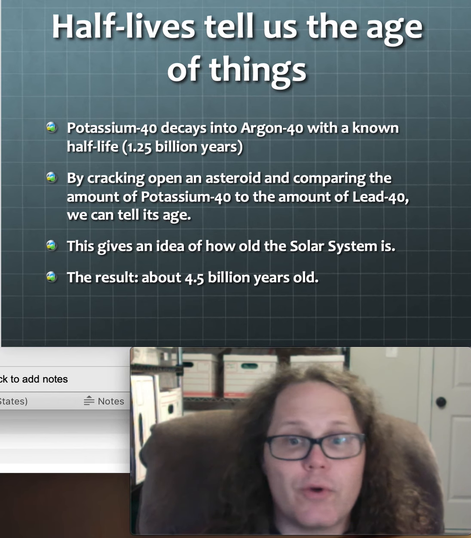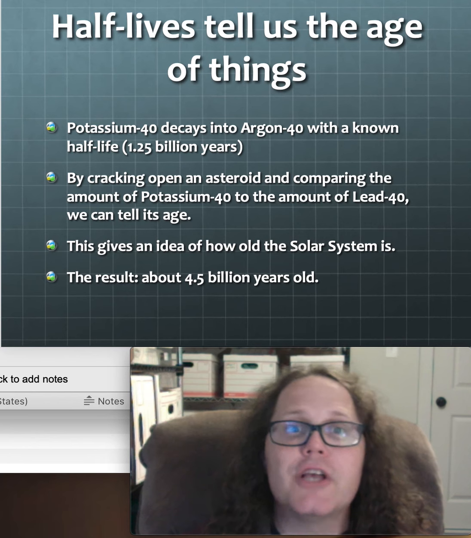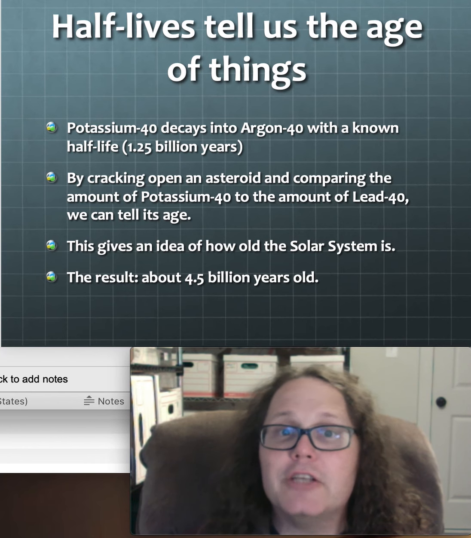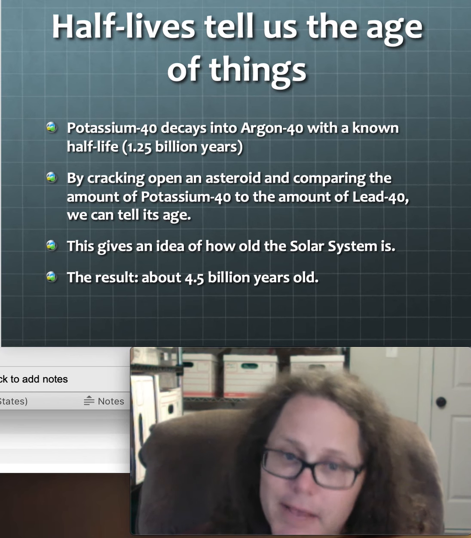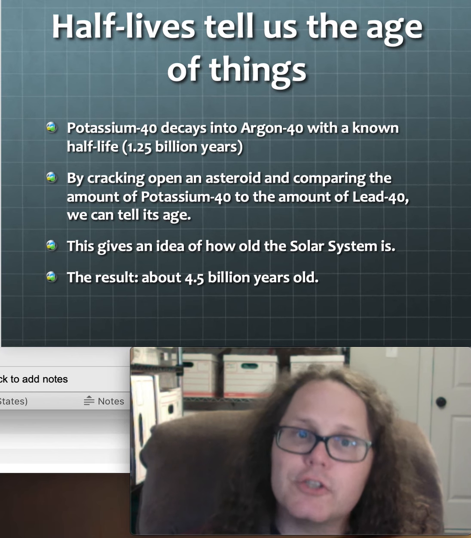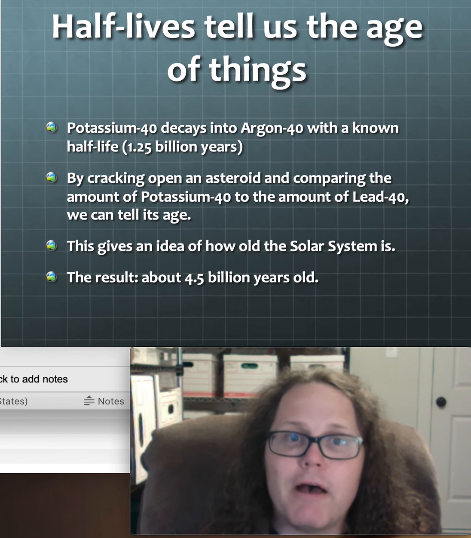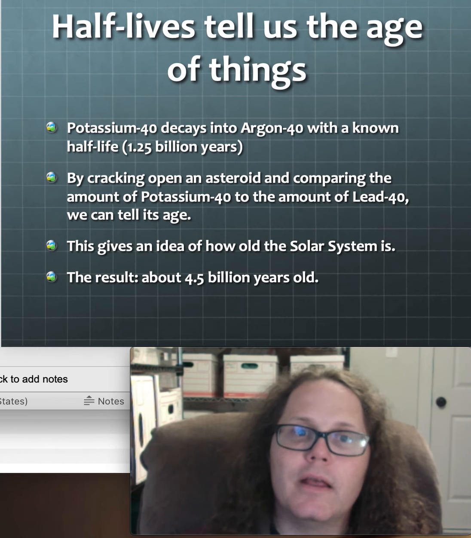And since asteroids all appear to have about the same age, and they seem to have formed at the same time as our solar system, the age of the asteroids is a good approximation of the age of the solar system, and the asteroids all agree. The solar system is about 4.5 billion years old.